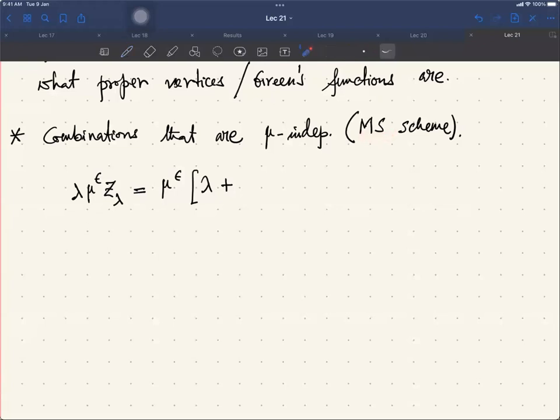Minimal subtraction scheme sets all the finite ambiguities to 0, and therefore the right hand sides of all these equations are mu independent. It is also a mass independent renormalization prescription, as discussed by 't Hooft and Weinberg. And I had explained the detail in the last lecture.